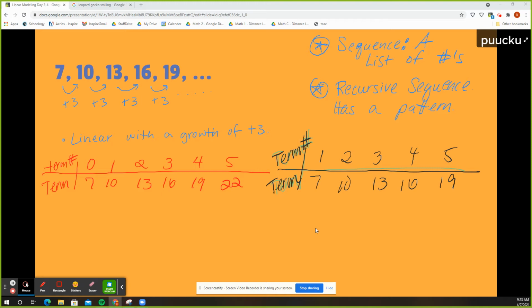If I choose to do this second option in the black table, I have an extra step because at some point I am going to want to know the y-intercept. So once I find the growth, and Lillian actually stepped us through this also, she said I subtracted 3 and got 4 to figure out the term that came before. So you just have that extra step of finding the 0th term is 4 if you think about it this way.